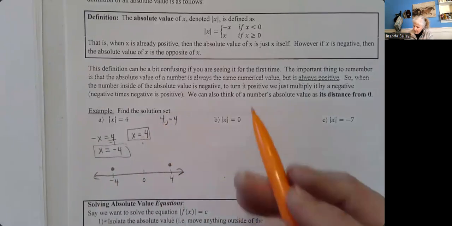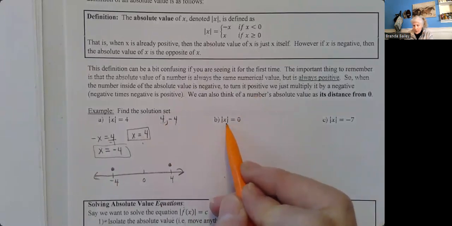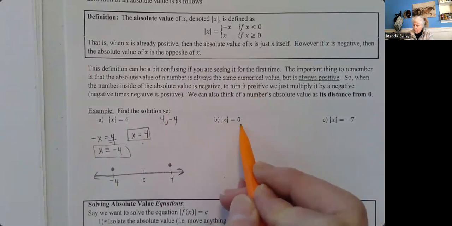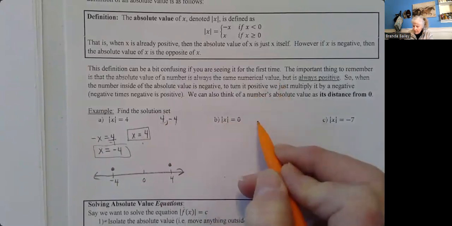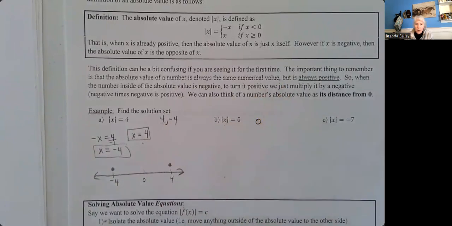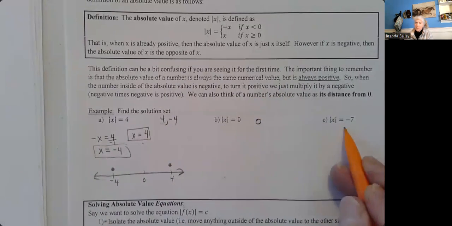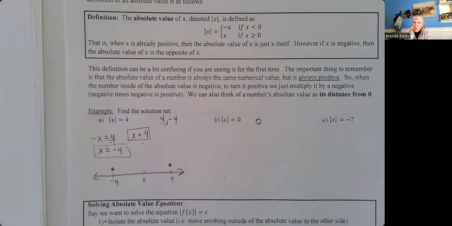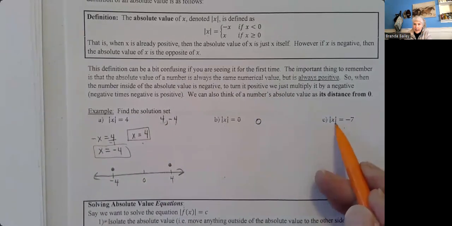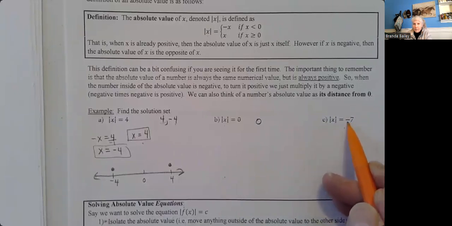Now let's look at this one. What numbers could I put in and have the left equal the right? Well, obviously the only number I could put in would be 0. That's the only solution. What about this one? This one's kind of a tricky one. What number could I put in, take the absolute value, and have it be a negative number?